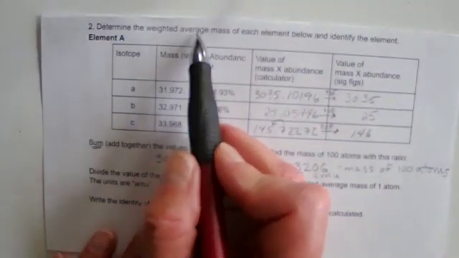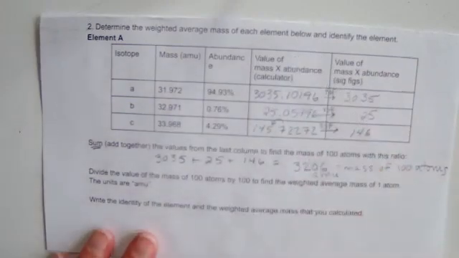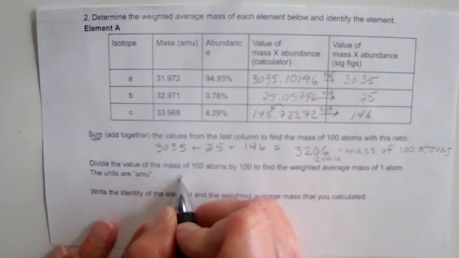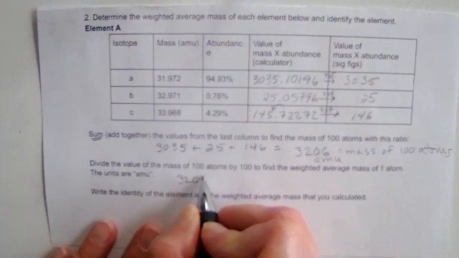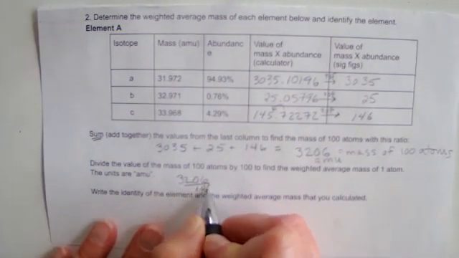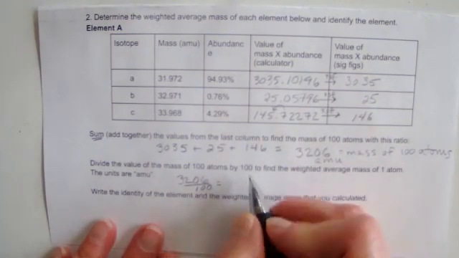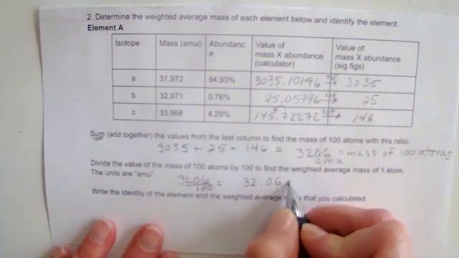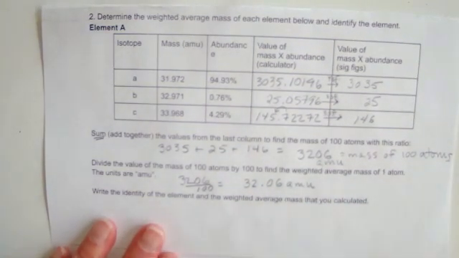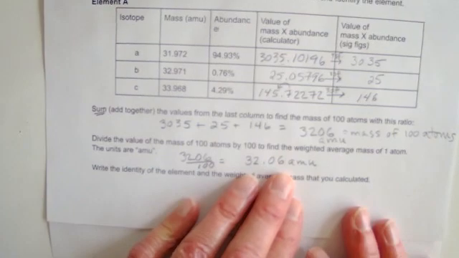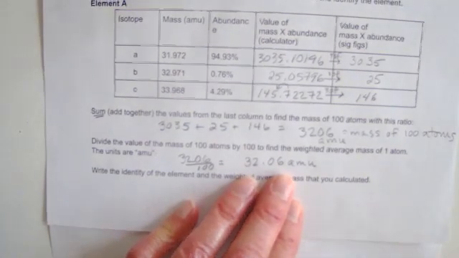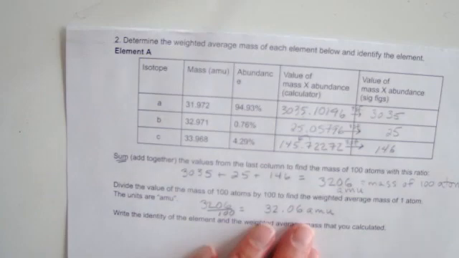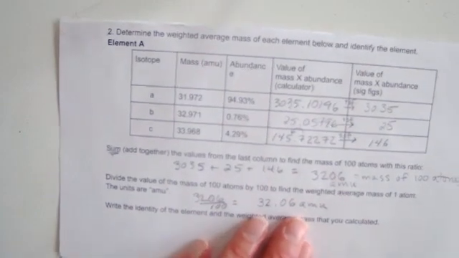Since we're trying to find the weighted average mass for one atom of this element, we're going to divide this by 100. So 3,206 divided by 100. That will give us a mass value of 32.06 AMU for this particular element, which we said earlier should be pretty close to 32 AMUs. So that is the case.